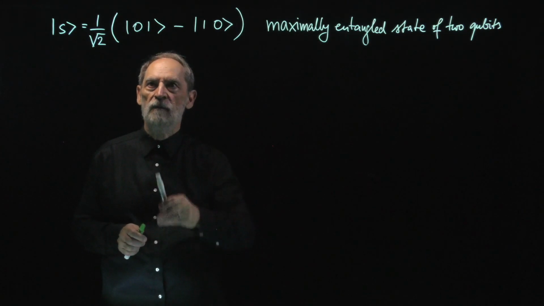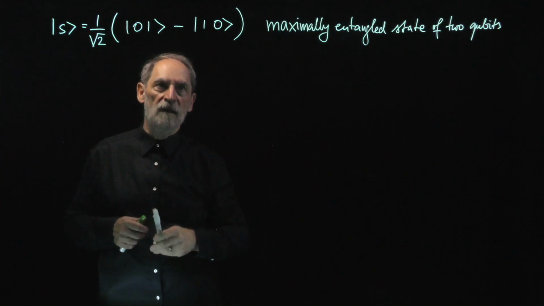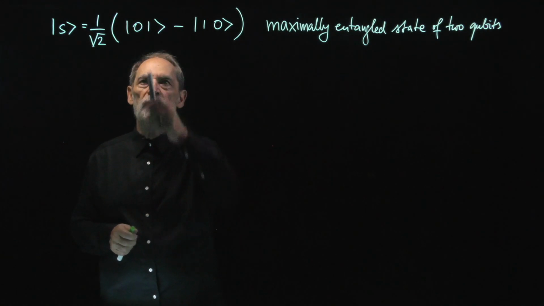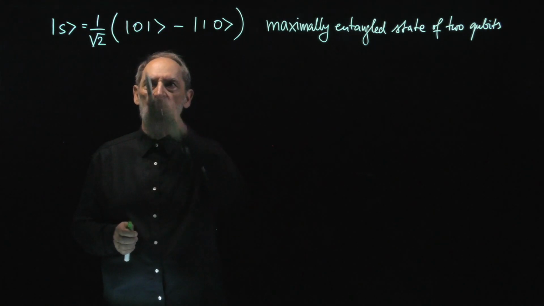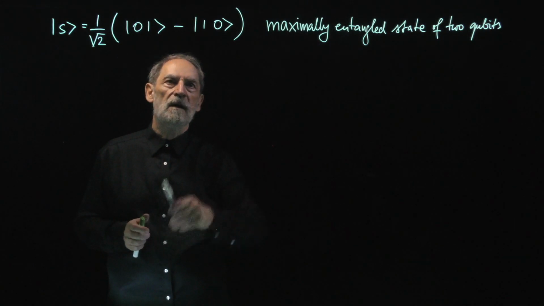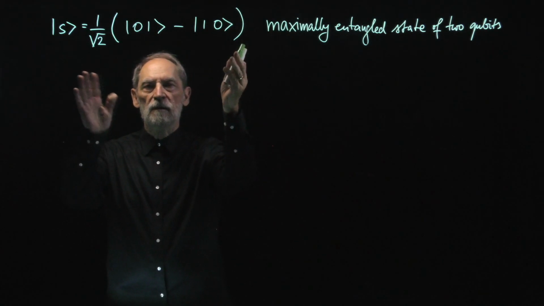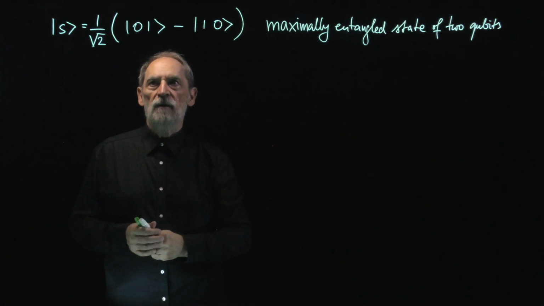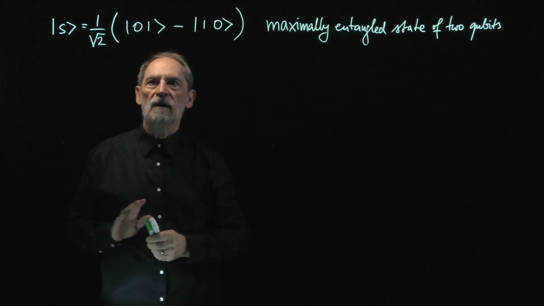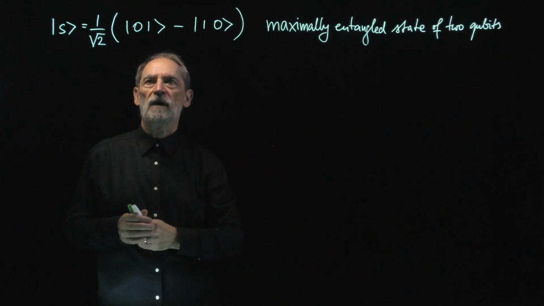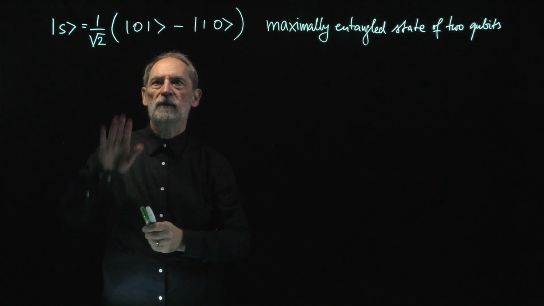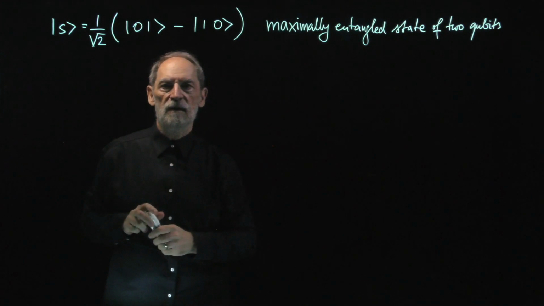What is important is that we have the 0-1 state, where each qubit has definite properties described by the labels 0 and 1, and we have the 1-0 state, where each qubit again has definite properties, but the superposition of the two states, which gives us the singlet, has properties which are quite different from the properties of these individual states.